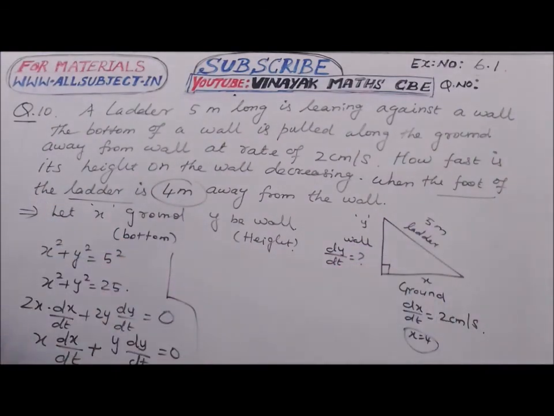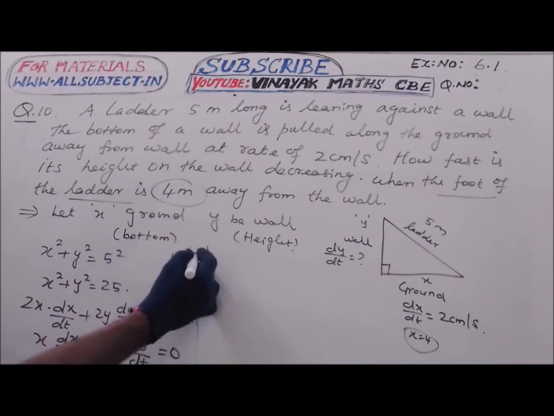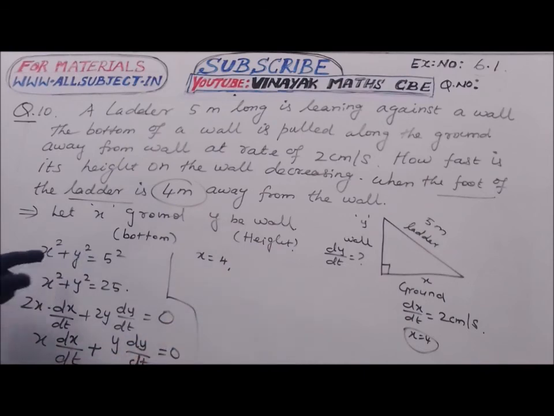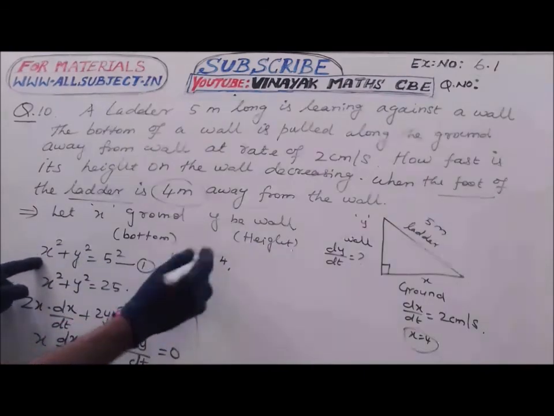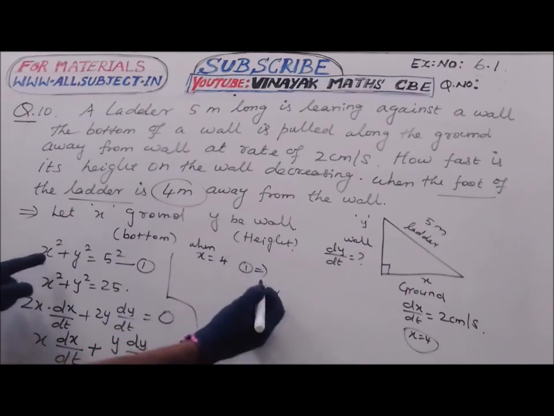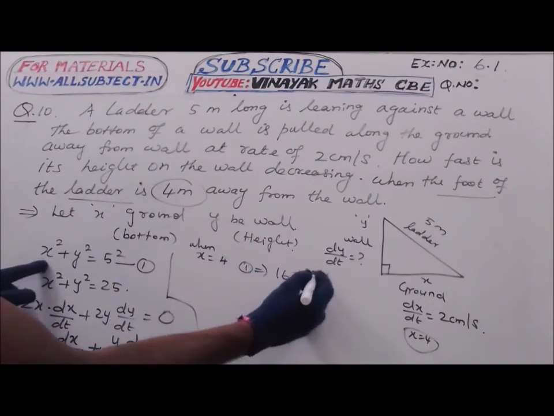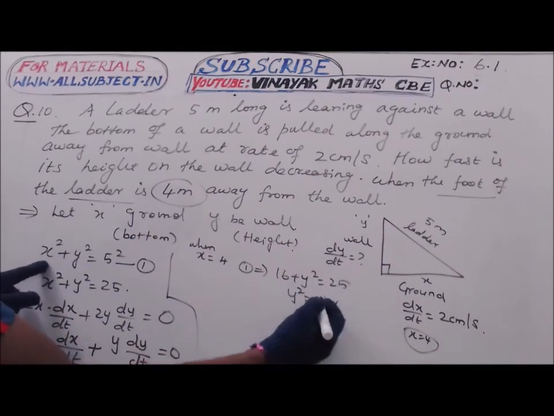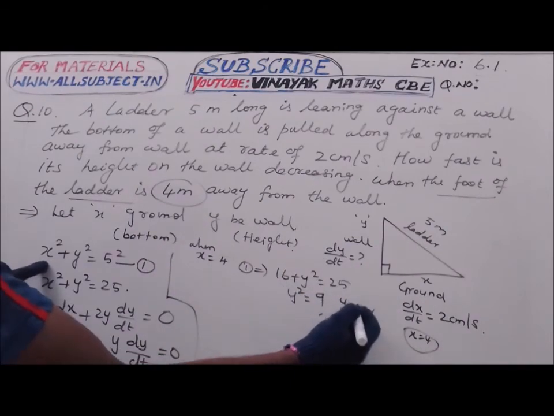Substituting x equal to 4 in x square plus y square equal to 25, we get 16 plus y square equal to 25, and y square equal to 25 minus 16 is 9, which implies y equal to 3.